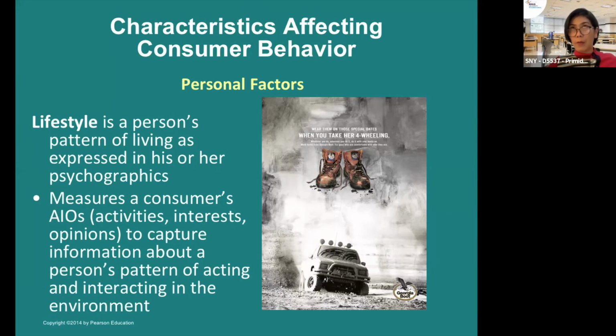So marketers actually measure your lifestyle based on your activities, interests, and opinions. Marketers capture this information to understand who you are in terms of lifestyle. You may have seen polling where the picture of a stiletto versus sneakers, designer's handbag versus backpack, food, hot soup versus cold soup, for example.